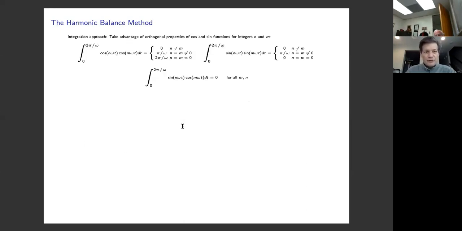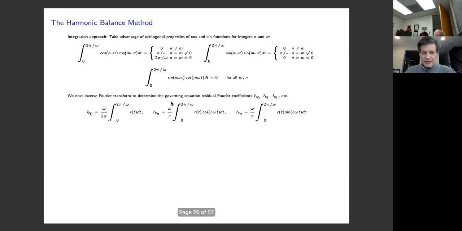The second approach is the integration approach, which is easier in principle because you can use tools like Mathematica, Maple, and also the SymPy Python library to do the work for you. Basically, you use the orthogonal properties of the sine and cosine functions, and then you can compute directly these coefficients of your residual expansions using these formulas here, for instance.